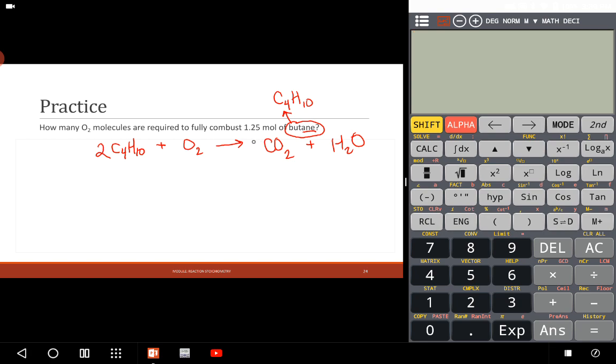Okay, so that's going to be instead an 8. Now this will be a 10. Now this is going to be 16 plus 10. That is 26. 26 divided by 2 is 13. So now I have fully balanced my equation.